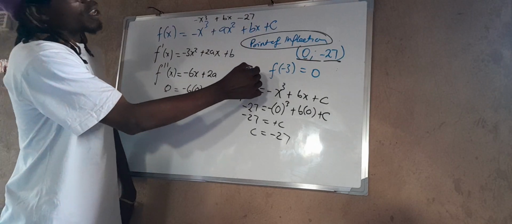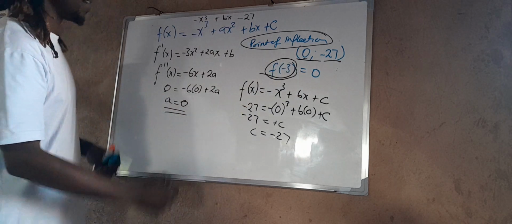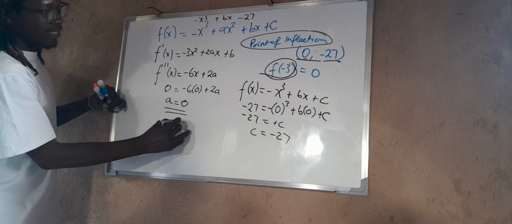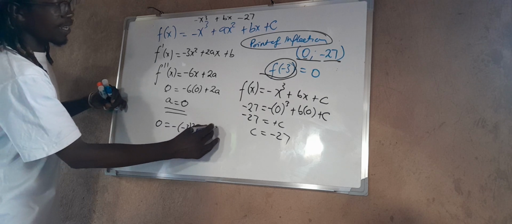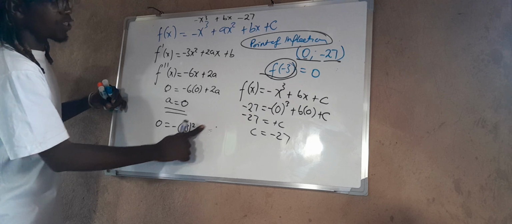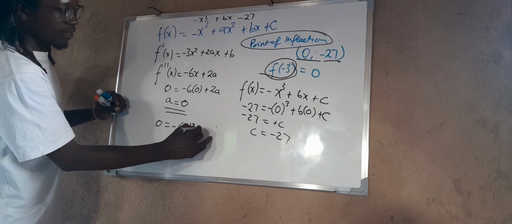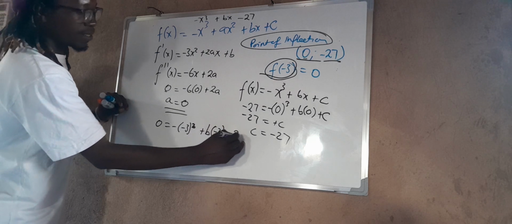And again, we know that if we substitute negative 3, we get 0, right? So 0 is equal to negative negative 3 cubed plus b times negative 3 minus 27.